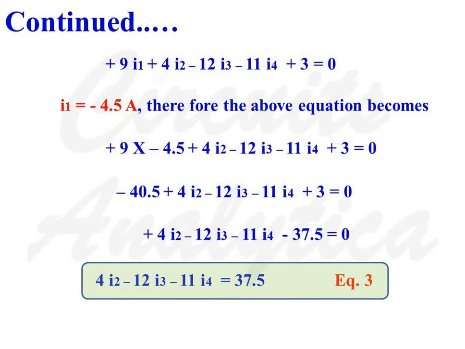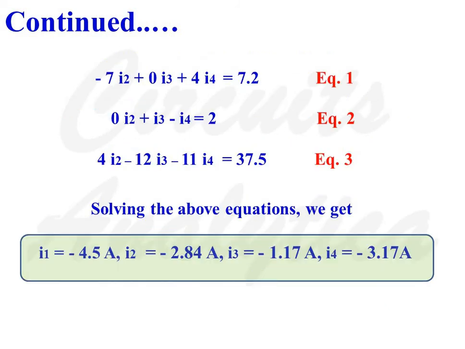Therefore, 9 into minus 4.5 plus 4I2 minus 12I3 minus 11I4 plus 3 is equal to 0. Minus 40.5 plus 4I2 minus 12I3 minus 11I4 plus 3 is equal to 0. 4I2 minus 12I3 minus 11I4 minus 37.5 is equal to 0. 4I2 minus 12I3 minus 11I4 is equal to 37.5, equation number 3.